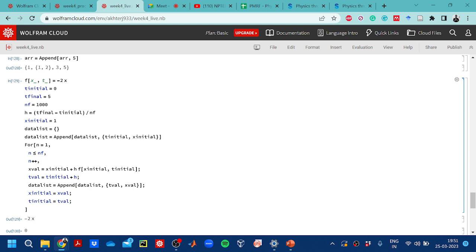Now we want to run a for loop here, because we want to evaluate the value of this function f of t at each time interval.